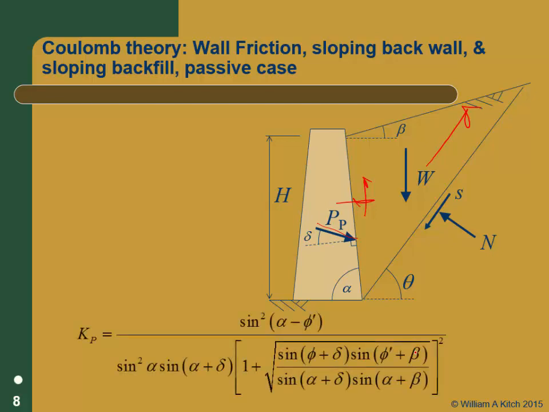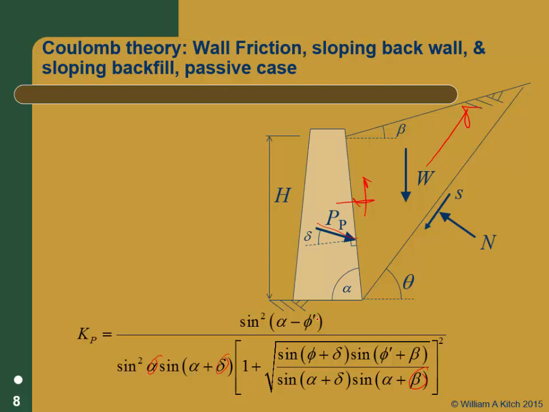And you get this equation for the passive earth pressure. So it's got a lot of variables in it, but alpha, delta, and beta are all fixed by the geometry of the problem you're solving.